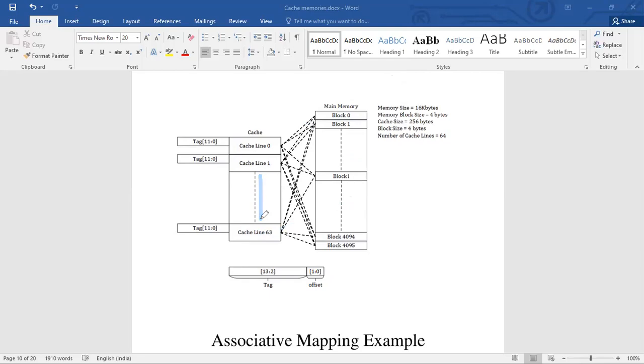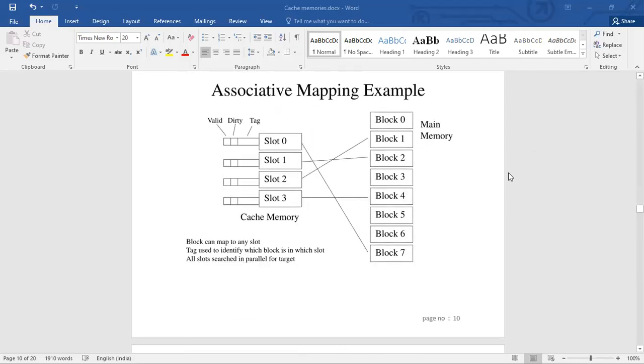If the user makes any other queries, these are automatically activated and mapped onto the corresponding line. So this is associative mapping, fully associative mapping. One example is also given here with the same information.